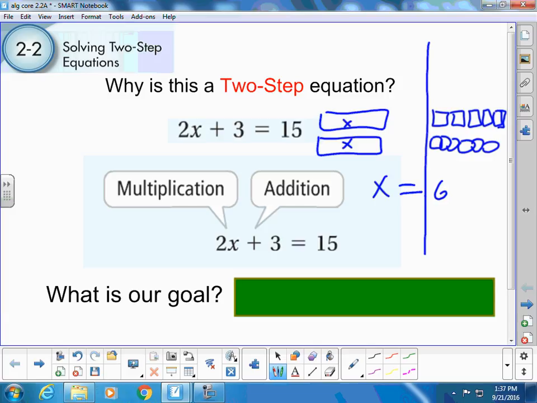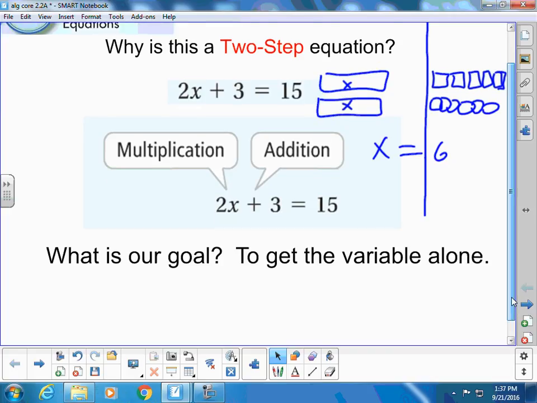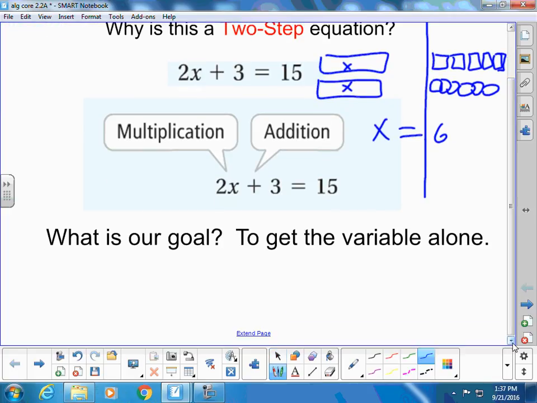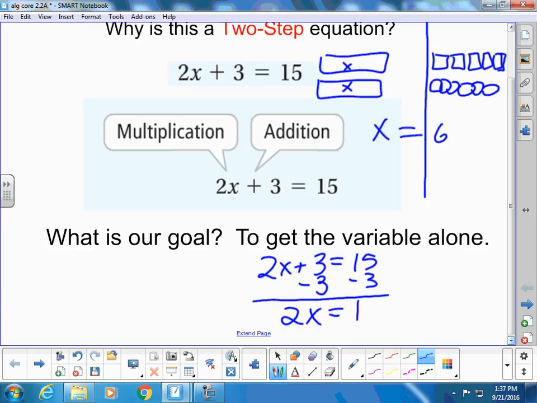How do we do that mathematically? We have multiplication and addition, and our goal is to get the variable alone. So let's try that again. We had 2x plus 3 equals 15. And what we did first is we took 3 away from both sides. So that's 2x equals 12.